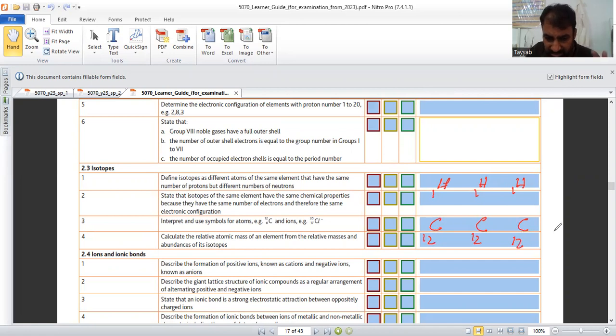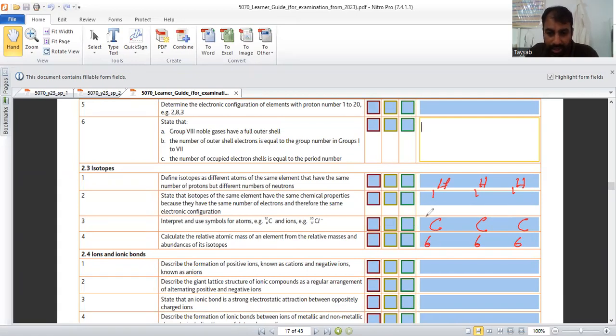Again, a very small hint for you: the smaller number in the symbol of an element is the proton number, and the larger number indicates the nucleon number. Sorry, for carbon, I had written 12. It is not 12, it is 6.